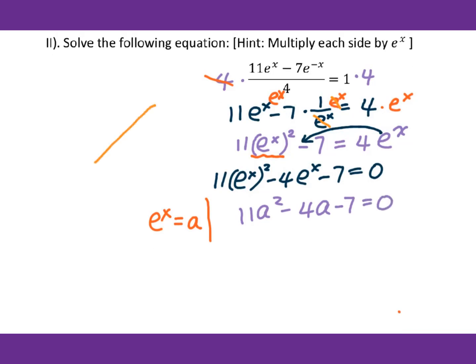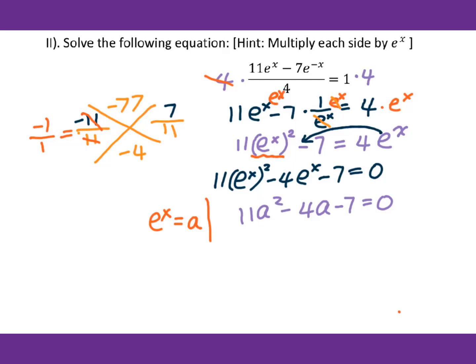So we do ninja x. We have 11 times negative 7, that's negative 77, over 11. This is negative 4. So we get 11, negative 11, 7. Reduce, you will get negative 1 over 1.